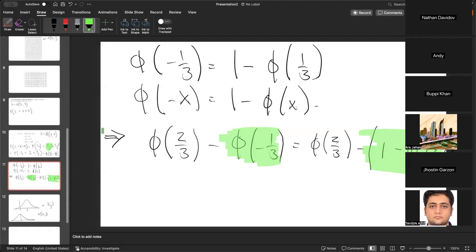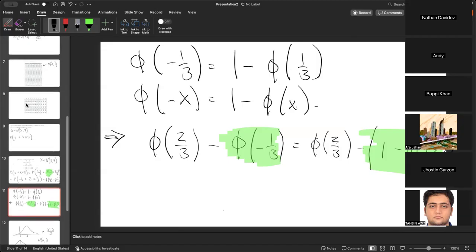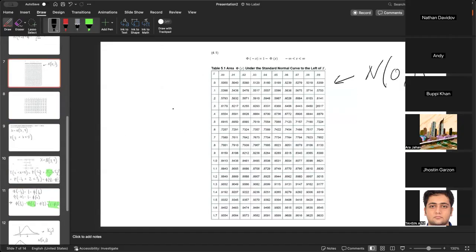Okay, so now I want to compute these values here. What is phi of 2/3? 2/3 is approximately 0.66.